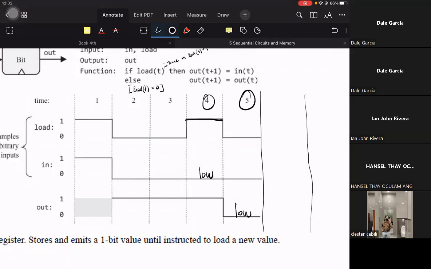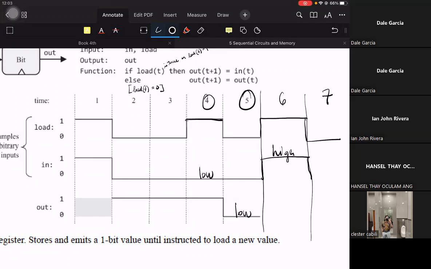So let's say we extend this with an additional cycle 6. Load is high here, then low again. Let's say the input is high here.